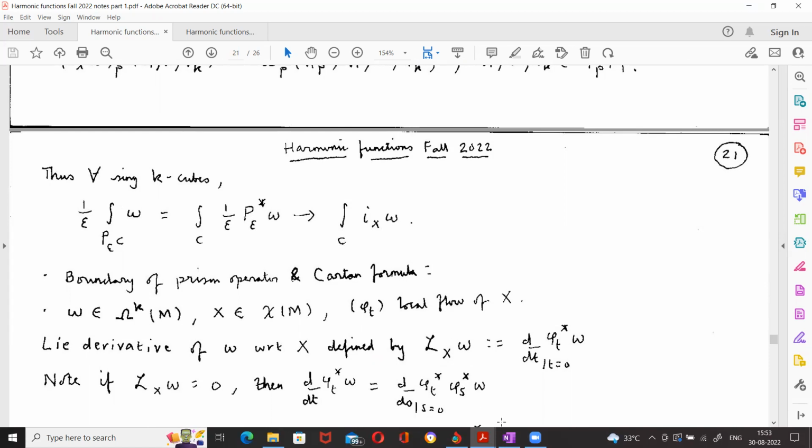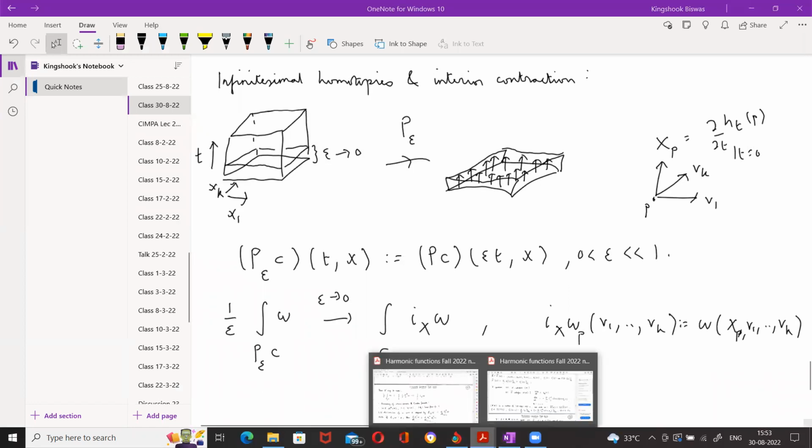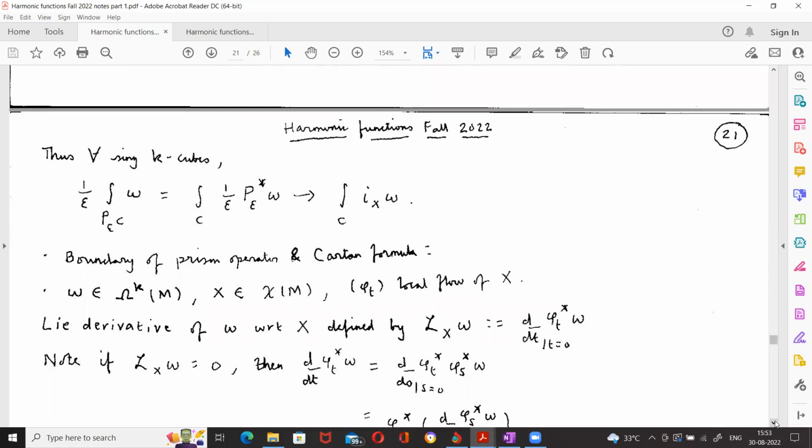So that is the picture which I drew here: the integral of omega over P epsilon c divided by epsilon converges to the integral of the interior contraction over c. Is this clear? Okay, so we've proved this. Now we can come to a very important formula for us, which is called the Cartan formula. We'll finish with this today.